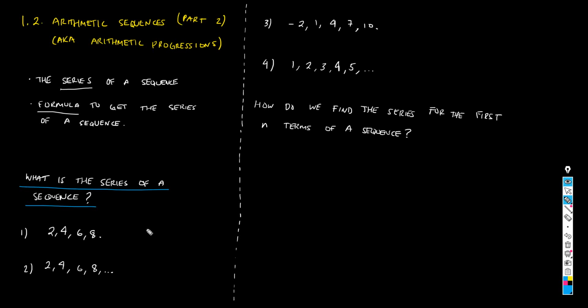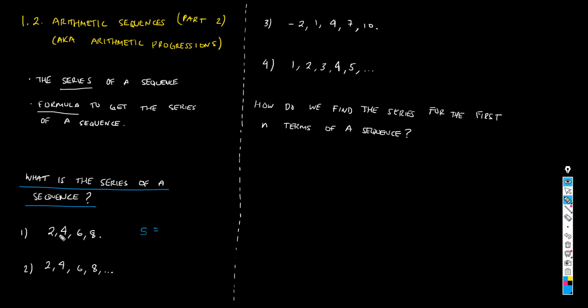It's usually represented by an S, although every now and then you can see this other symbol, this Greek letter. Whether you see one or the other, they mean exactly the same. For this course, though, I'm going to use S most of the time. So the series of a sequence, guys, is nothing other than the sum of its terms.